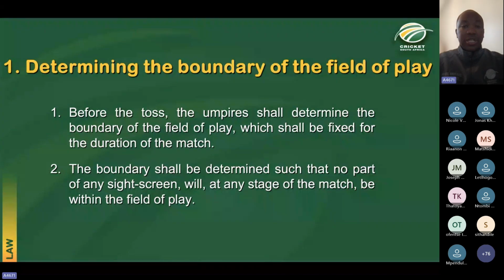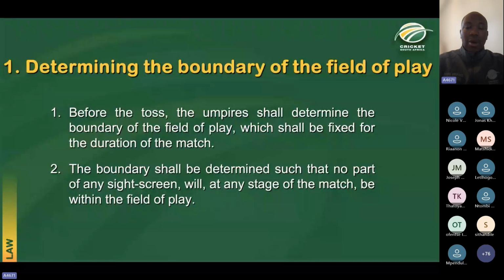The boundary shall be determined such that no part of any sight screen will at any stage of the match be within the field of play. I have seen fields where the sight screen is part of the boundary as per the law. That is allowed because it's not inside the field of play.